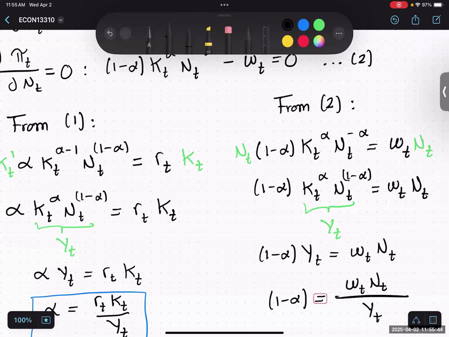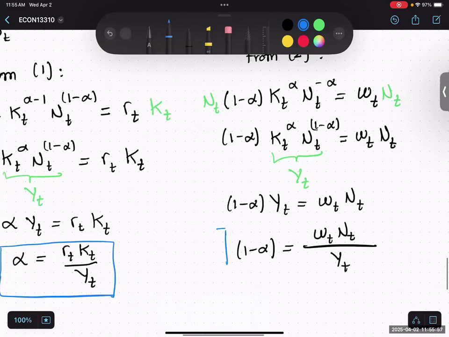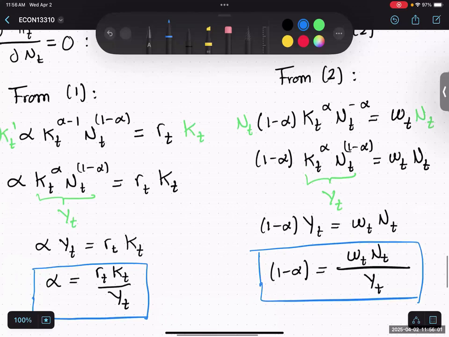Once you divide the value of the production due to labor by the product, you get the income share of labor, which in this case is 1 minus alpha. All right, and that's it. That's basically what I was asking you to do in question 1 of precept number 1.